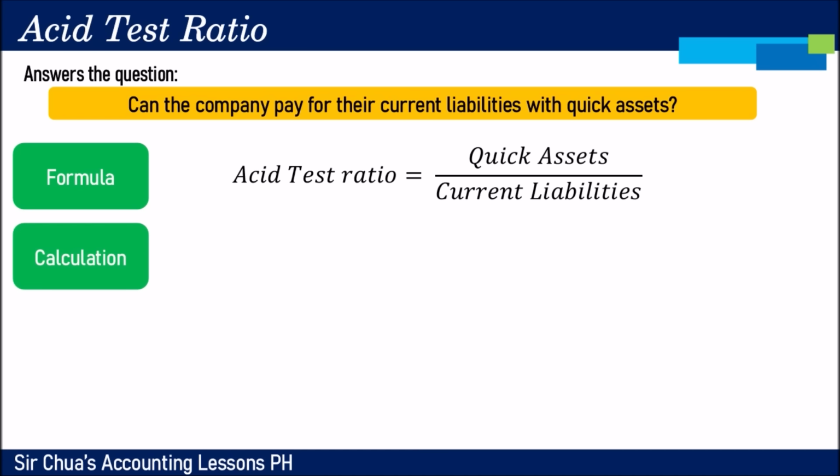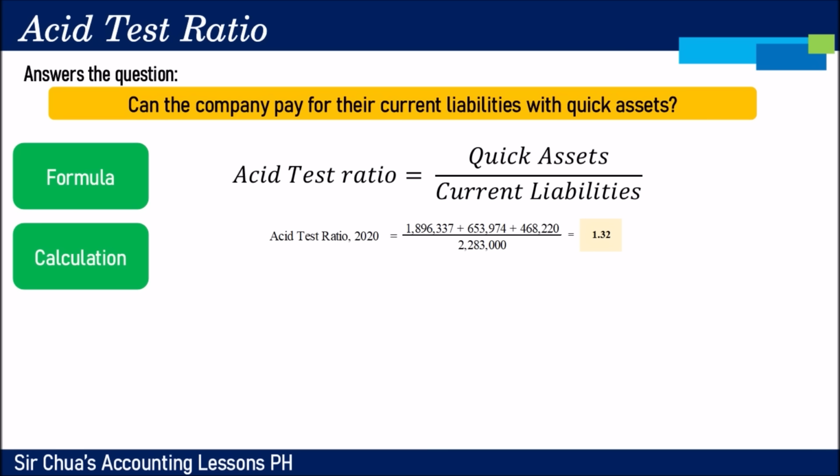Okay, and then the calculation would be for 2020, you add your cash of 1,896,337 and then your accounts receivable, so on and so forth, divided by 2,283,000 your current liabilities for 2020, which gives you an acid test ratio for 2020 of 1.32.